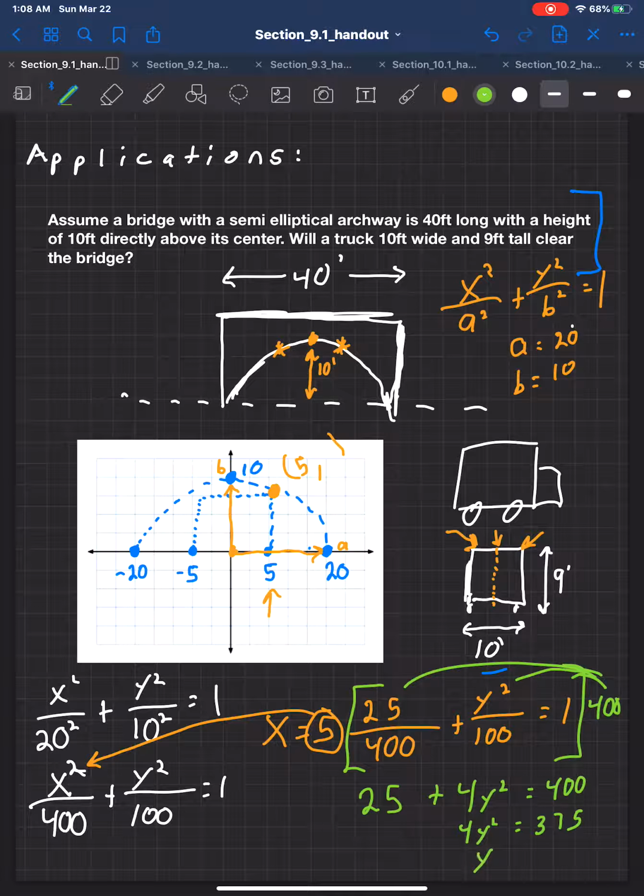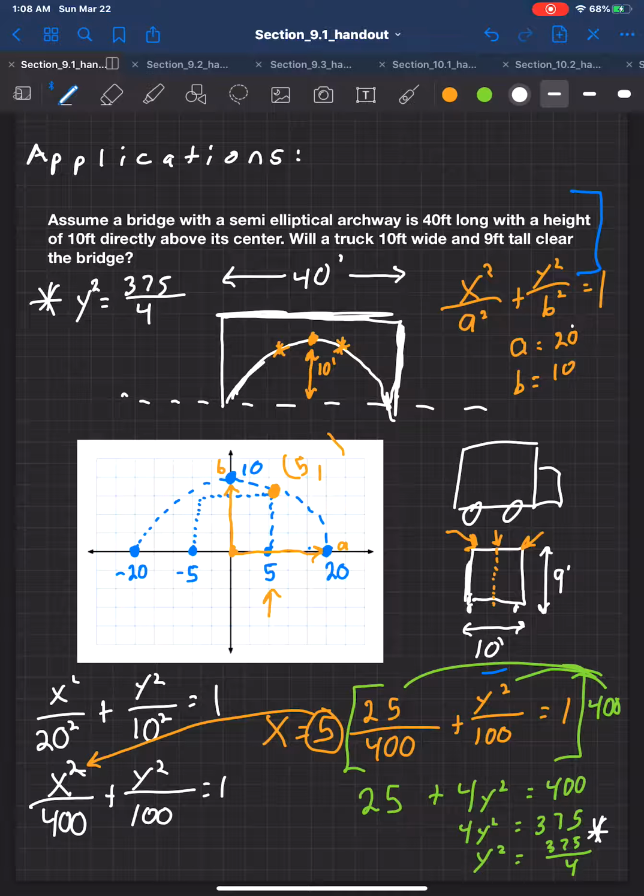That means y squared is equal to 375 over 4. And now I've run out of space, so if you don't mind, I'm going to put a pin right here, and I'm going to come over here. So I left off with y squared is equal to 375 over 4.